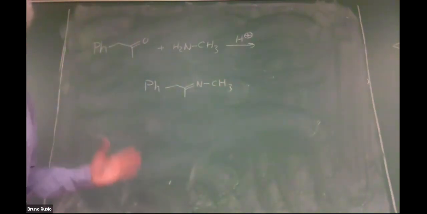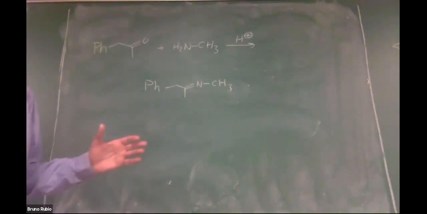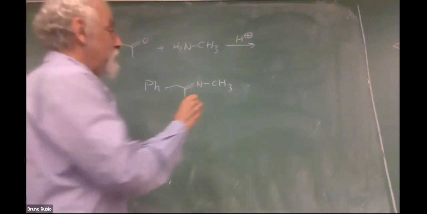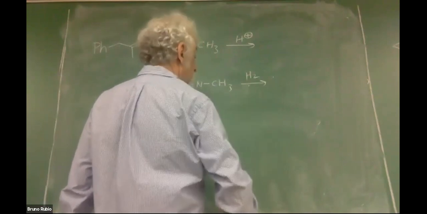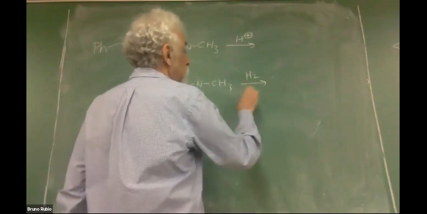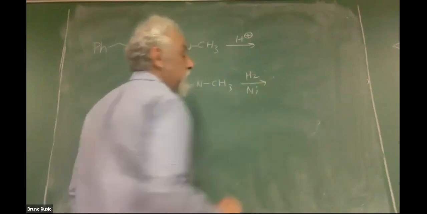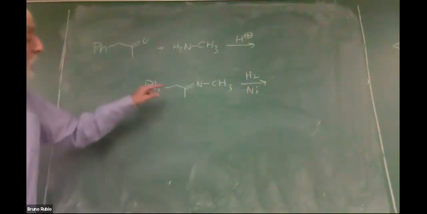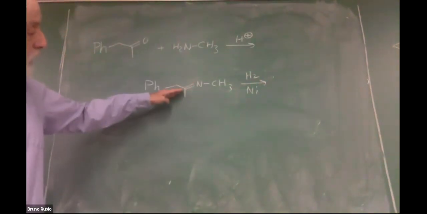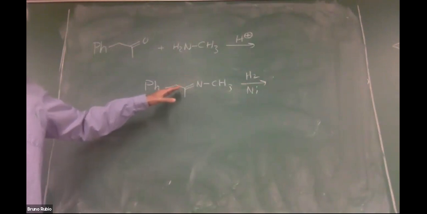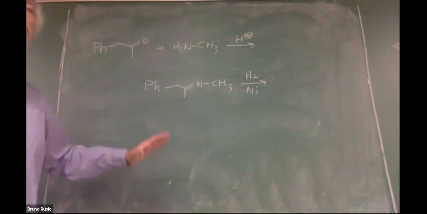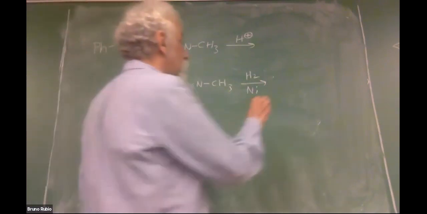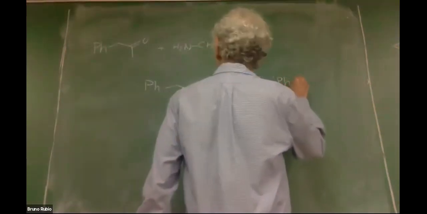So we get that. And now we can hydrogenate it with hydrogen over a metal catalyst, hydrogen and some kind of catalyst. I'm going to use nickel, but you could use platinum or palladium. And we talked about how in this reaction, the carbon-nitrogen double bond is knocked down to a carbon-nitrogen single bond, and the atoms of hydrogen add across where that double bond used to be.